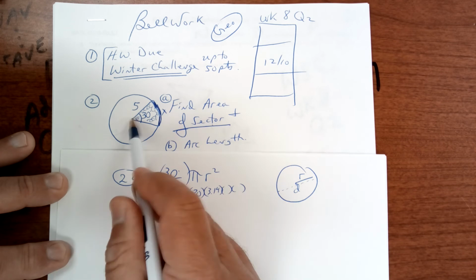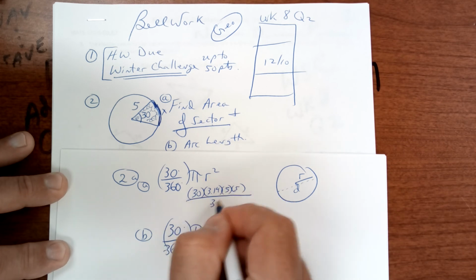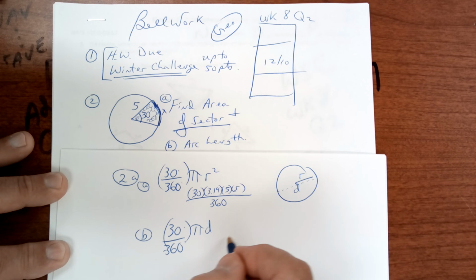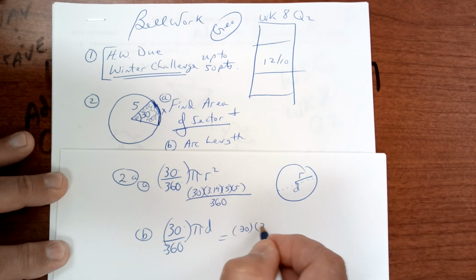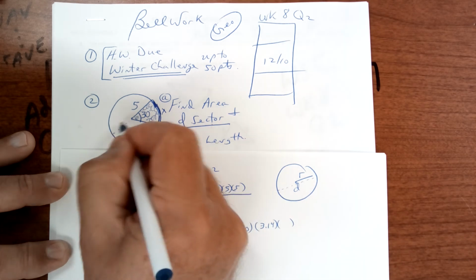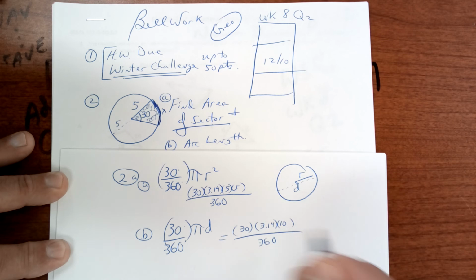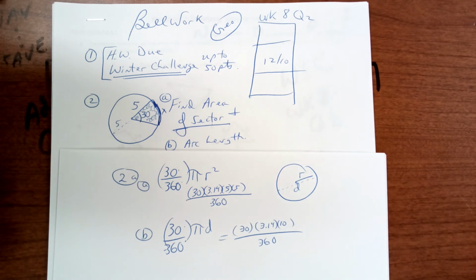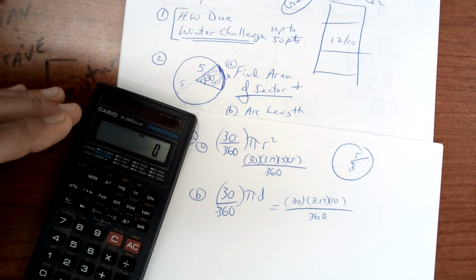The radius is 5, so that's 5 times 5, all divided by 360. This one, you're going to take 30 times pi times the diameter. The diameter is 5 plus 5, which equals 10, all divided by 360. Basically, pretty much the same formulas, but one is circumference and one is area.